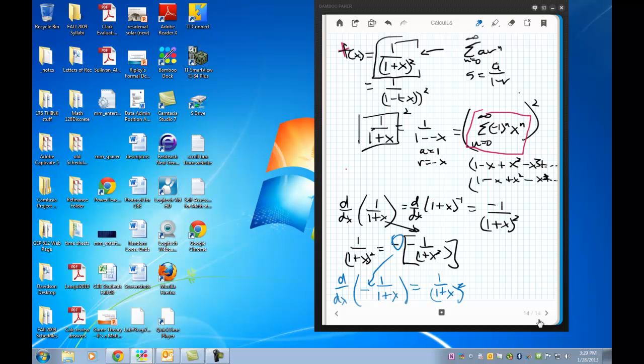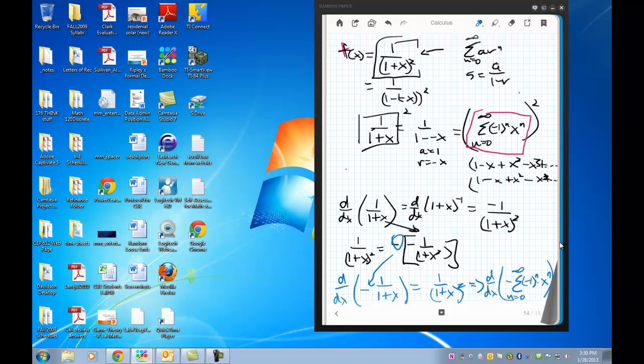True? So here we go. That implies that the derivative d over dx of the negative times the sum as n goes from 0 to infinity of negative 1 to the n times x to the n. We are taking the derivative of a sum.